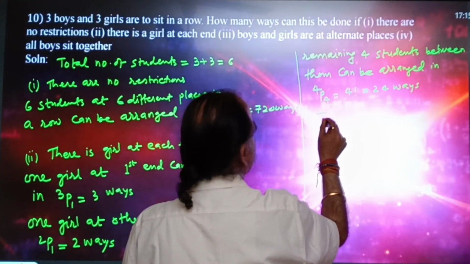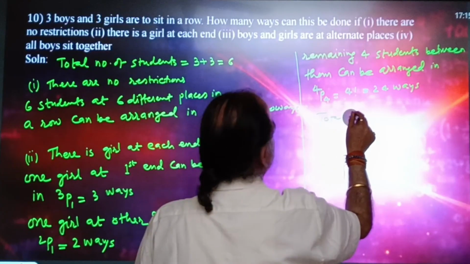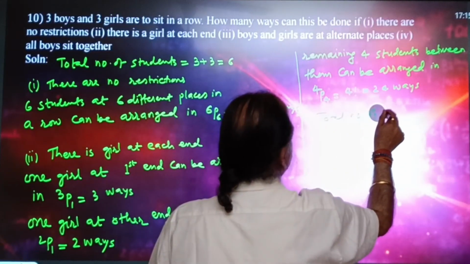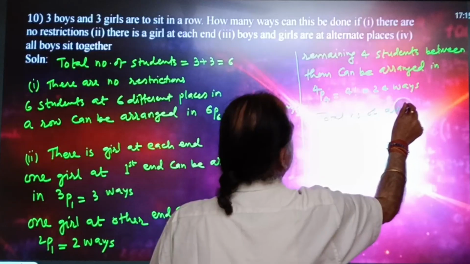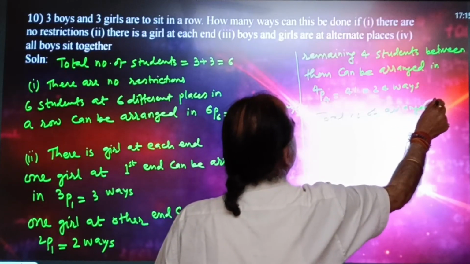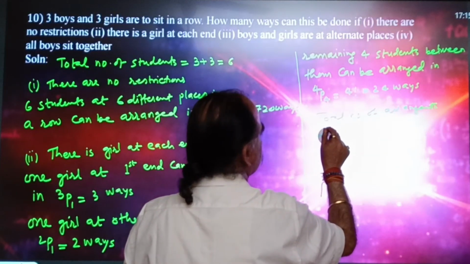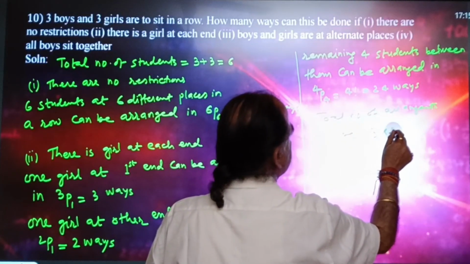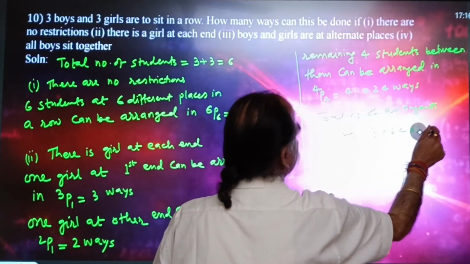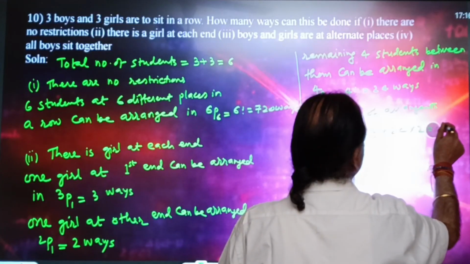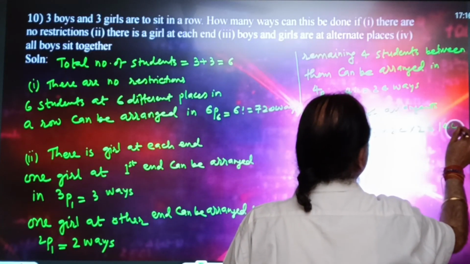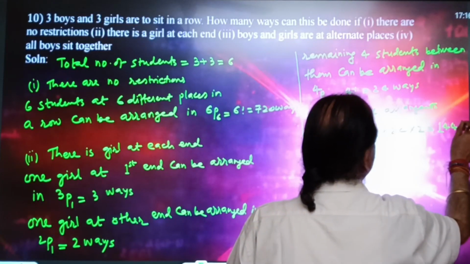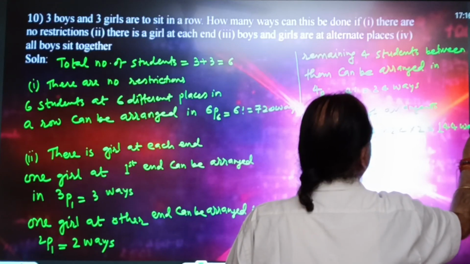Therefore, total number of arrangements will be 3 into 24 into 2, 144 ways.